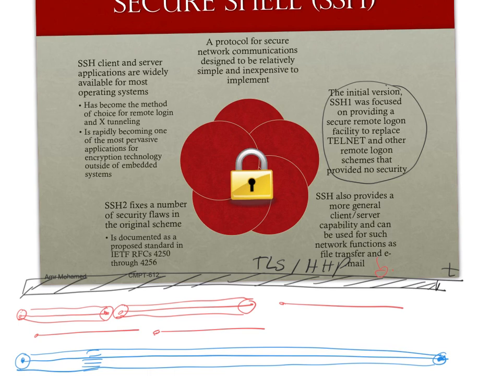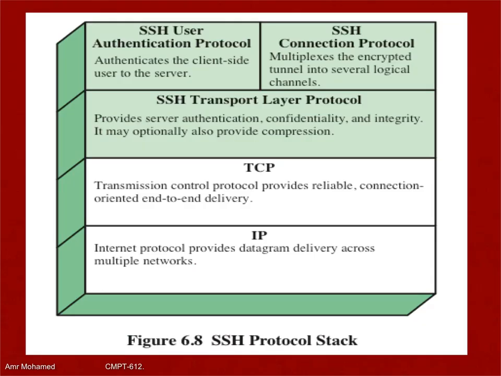In other cases, we try to make the instantiation or the handshake faster compared to version 1. And as we said, SSH also provides a more general client-server capability, which can be used for secure FTP and other services, similar to TLS.